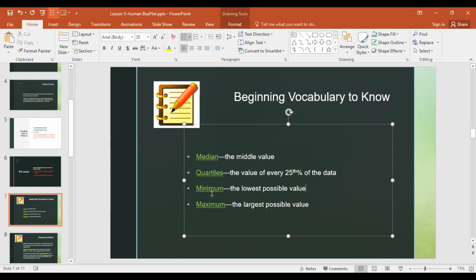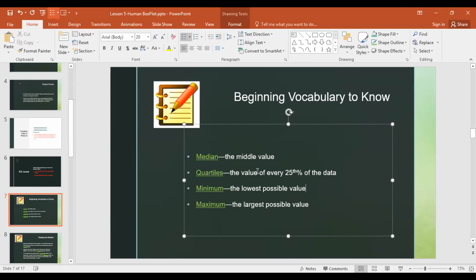So a quartile is the value that ends every 25th percent of the data. When we talk about a quartile, we're talking about the end of a section. And just like the median value represents the middle value, a quartile value represents the value at every 25th percent of your data.